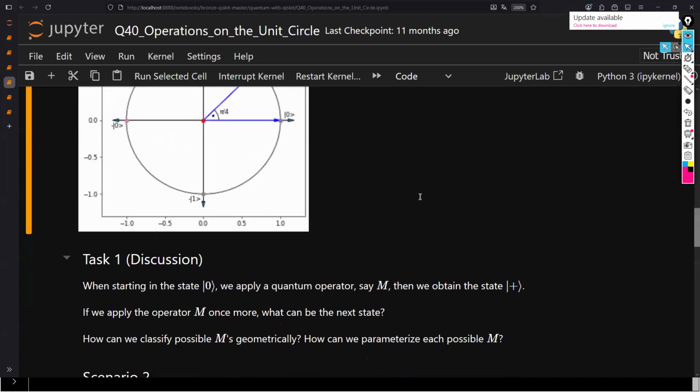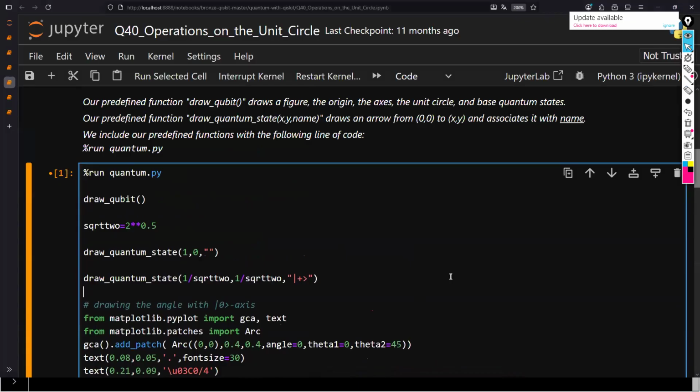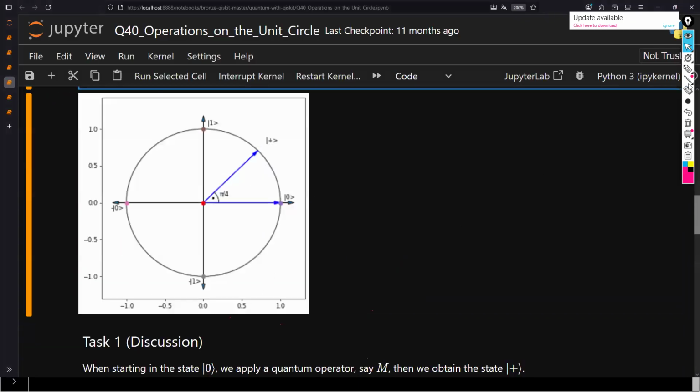What can we say about these states? Well, recall that we have said that we can get a plus state by applying Hadamard, so we will go from the back.